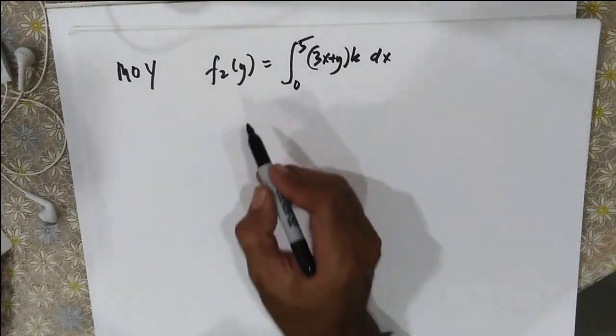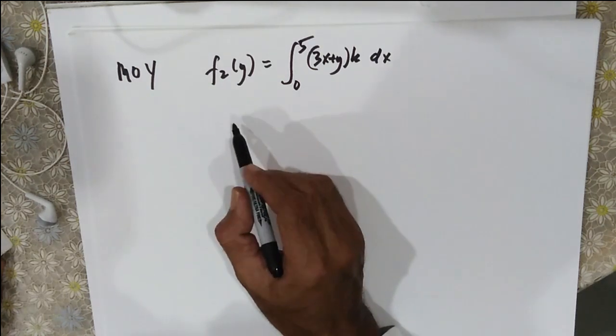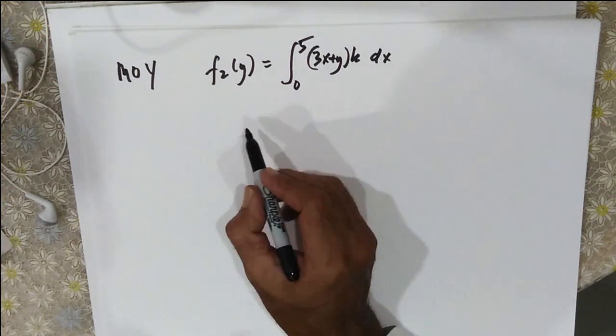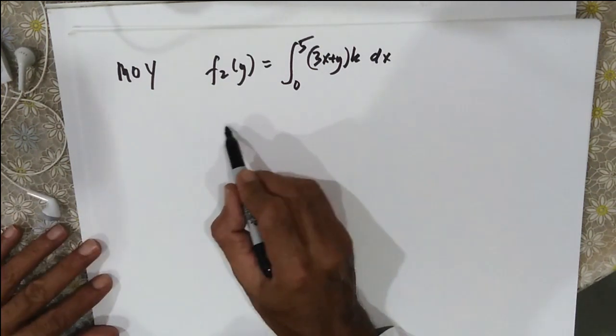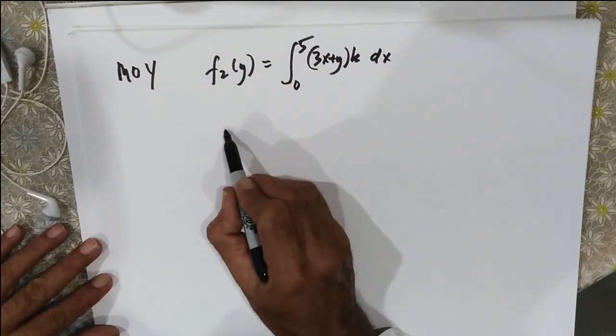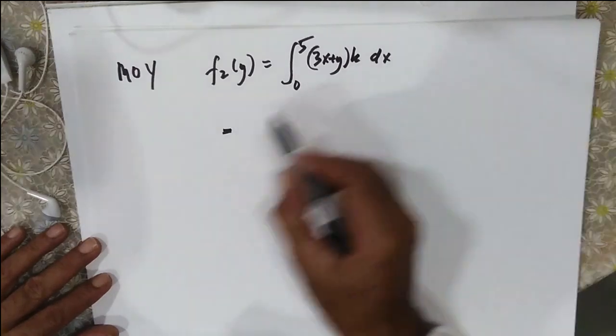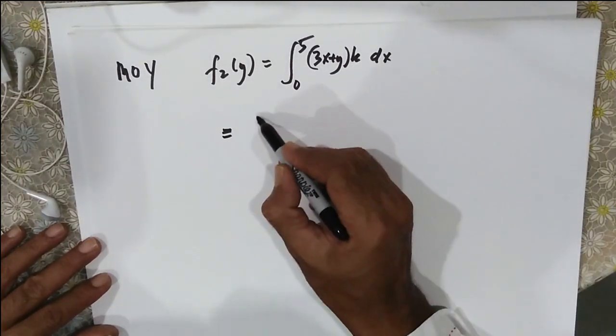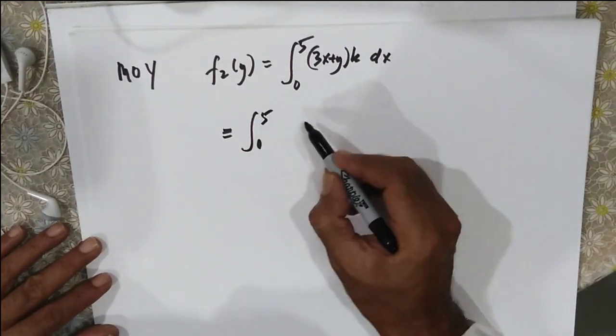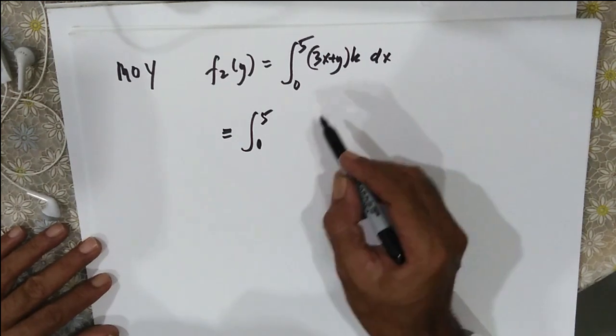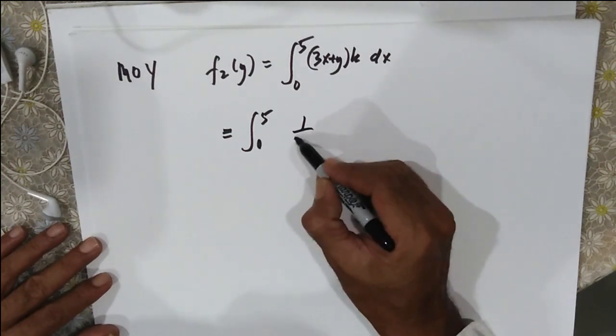So if I integrate with respect to x, I just write 0 to 5 here. k is 1 over 190.